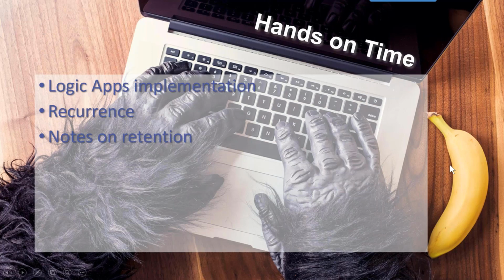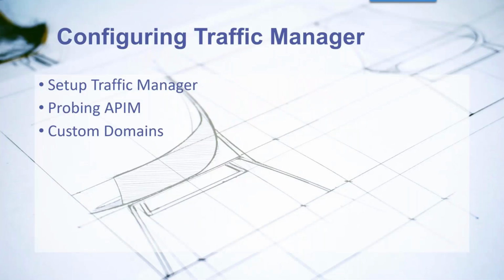And what we need to do is 3 things. Basically, we need to set up the traffic manager to point to each one of the API managements, right? After that, you need to find a way to probe if the API management is alive. And then you have to set up custom domains in front of the traffic manager and also at the API management layer, right? This is the bit that tricked me in the very beginning.